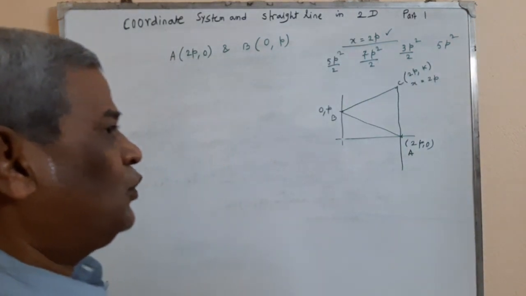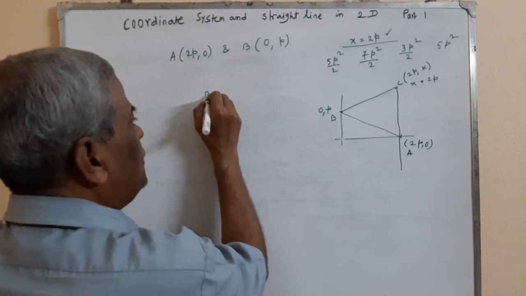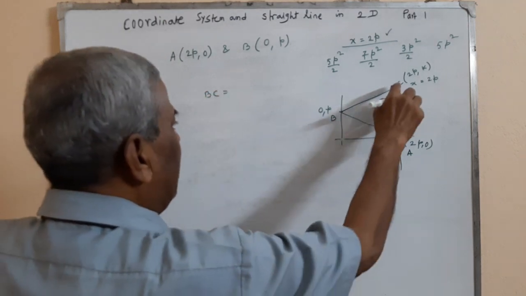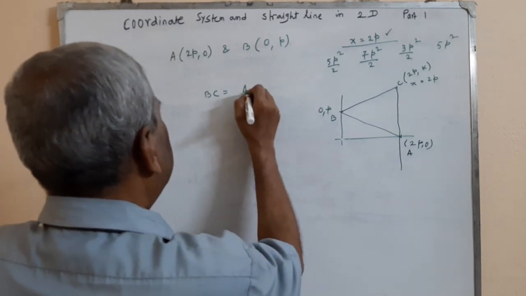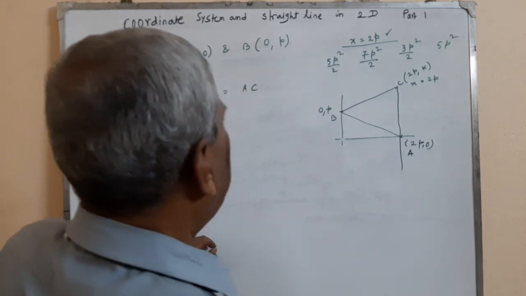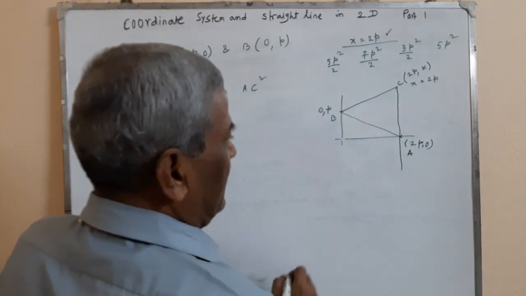We have to find it out. It can be found from the information that length BC is equal to length AC, isosceles triangle. BC square is equal to AC square.